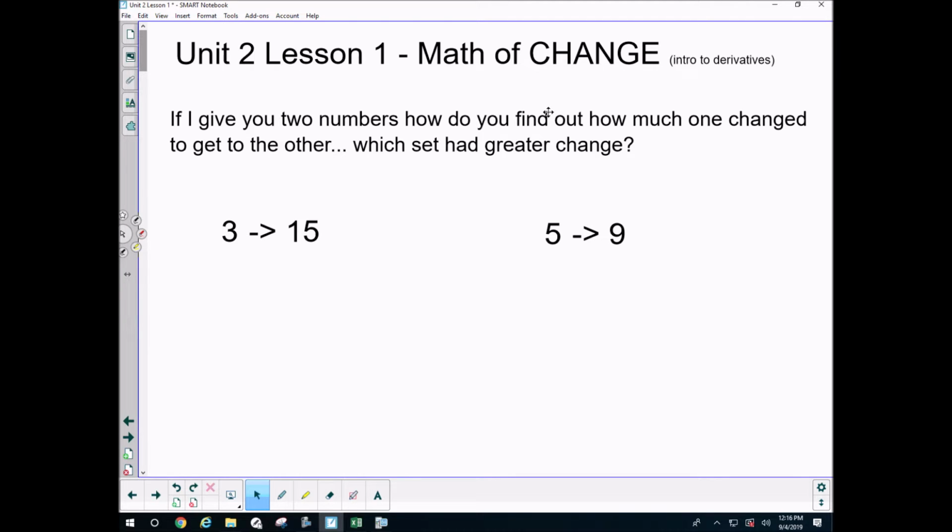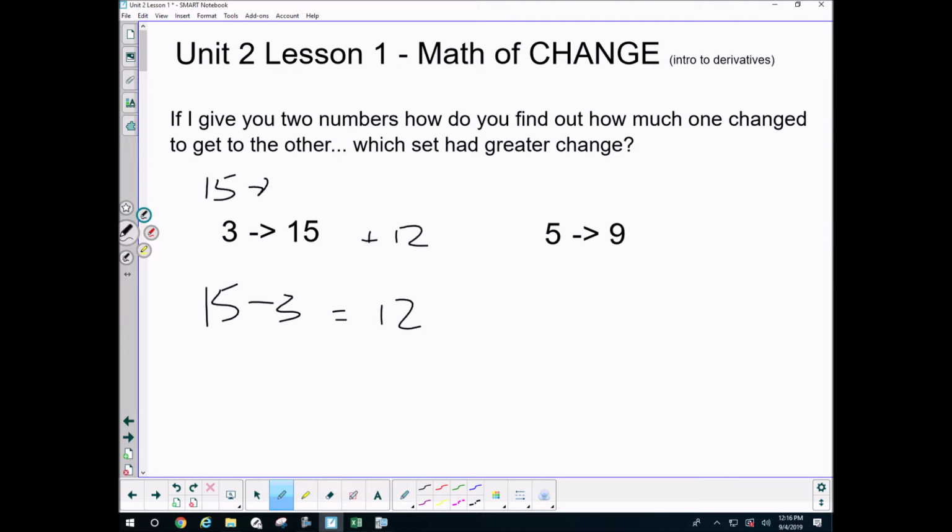Now, if I gave you some values, like 3 and 15, how can you find out the change from 3 to 15? I'd say you just subtract the two numbers. From 3 to 15, I added 12. If I went from 15 to 3, I would subtract 12.